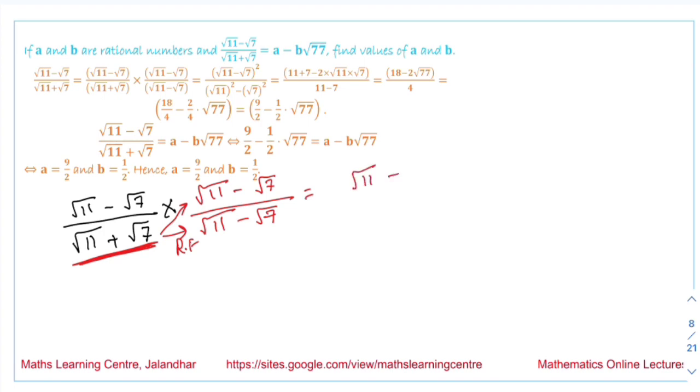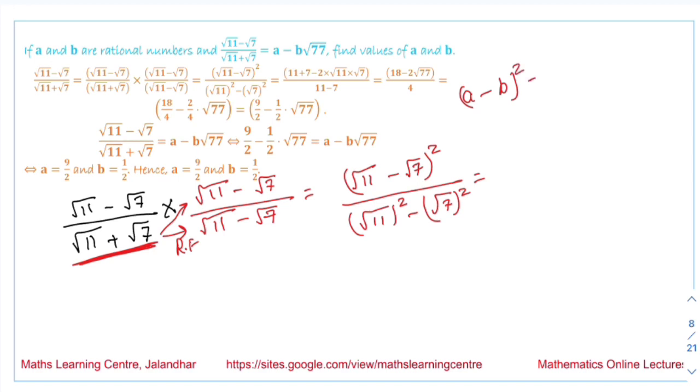The numerator will become (square root 11 minus square root 7) squared, and the denominator will become square root 11 squared minus square root 7 squared. In the numerator, the formula is (a minus b) squared equals a squared plus b squared minus 2ab.